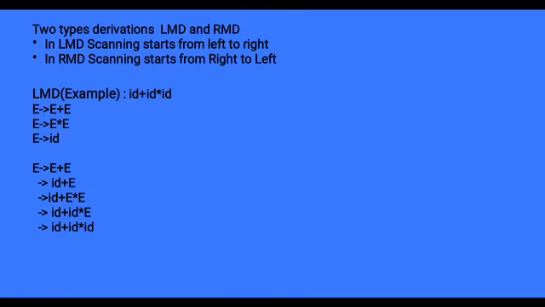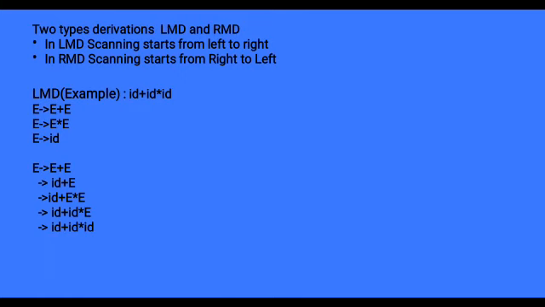Take an example as shown on the screen. LMD, leftmost derivation. The input string is id plus id into id, and the productions are E tends to E plus E, E tends to E into E, E tends to id. You know how to solve the problem. First take E tends to E plus E. First E you replace with id, because here E value is id also there, E into E also there. You have to substitute those two values.